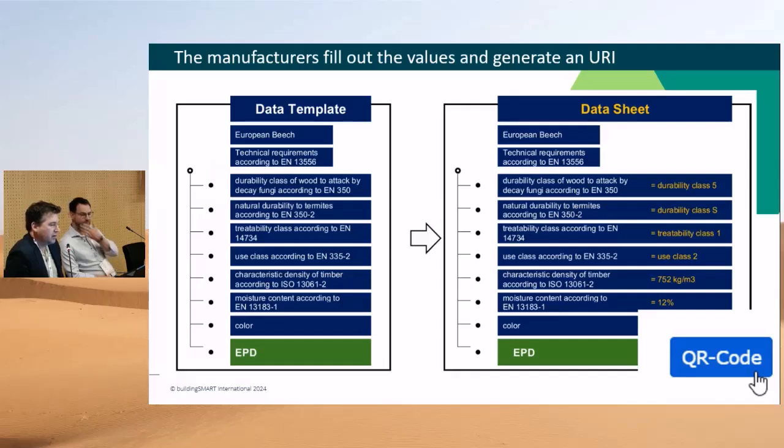Then they can create a QR code, a URI, a permanent link, which leads to the information they input. And so the data is only provided once and doesn't have to be retyped again and again. I know it from my industry. The different traders just take the PDFs and put them into their own systems again and again. So this is actually useless work we don't have to do. We can really reduce it and focus on the really important topics.